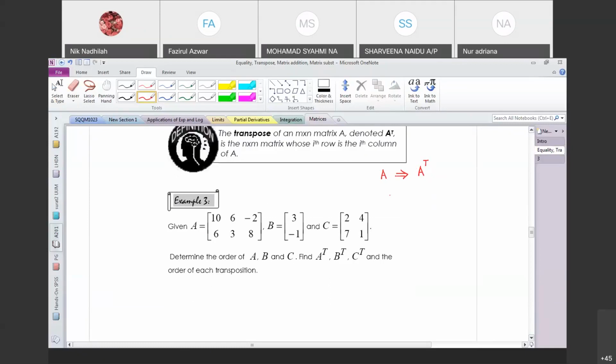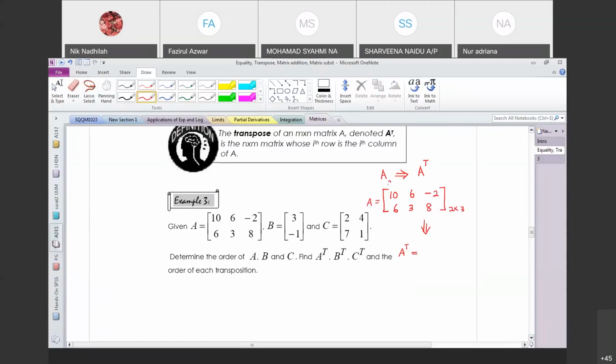For example, let's consider this matrix 10, 6, negative 2, 6, 8. So this is your A. What is A transpose? What is the size of the matrix A? This is 2 by 3.